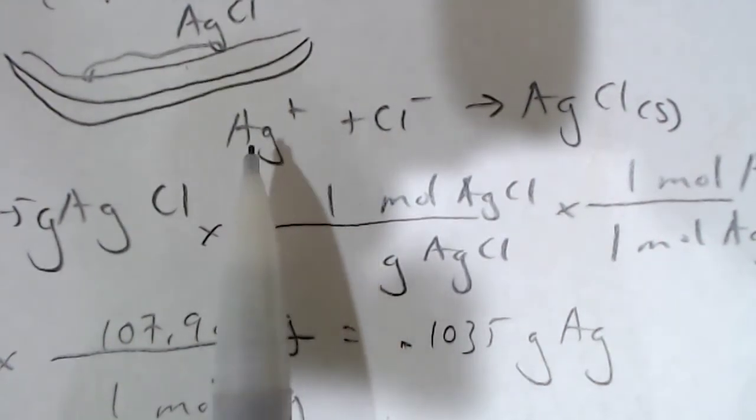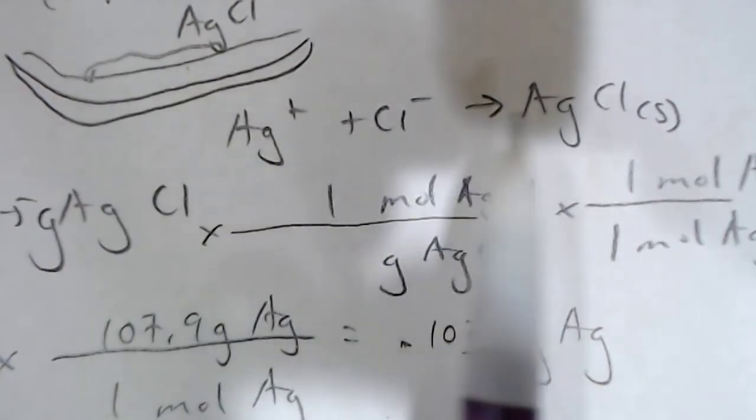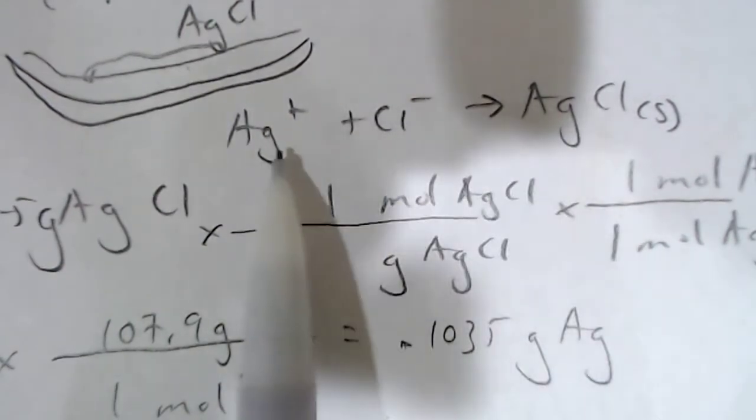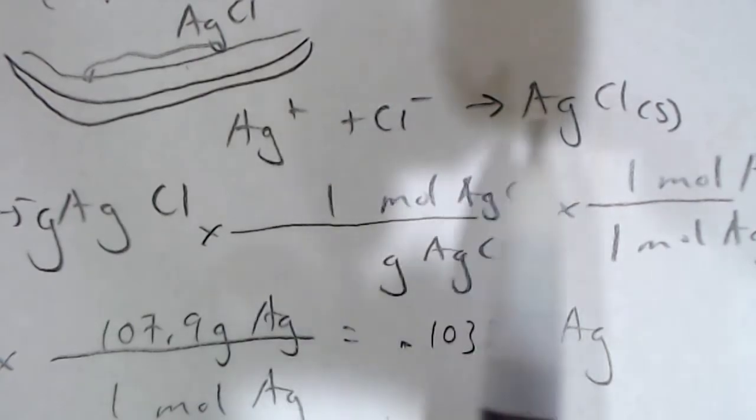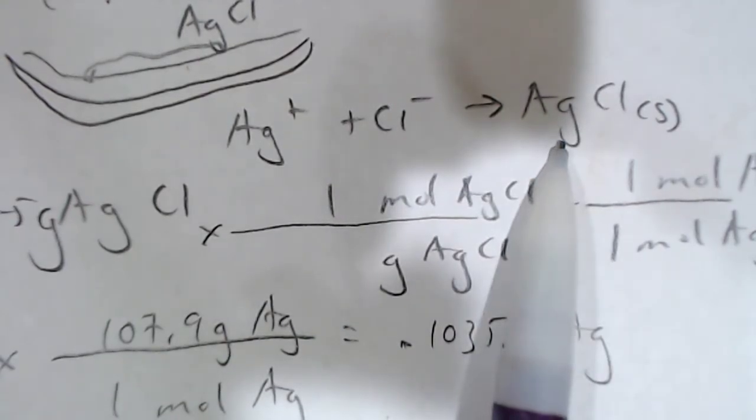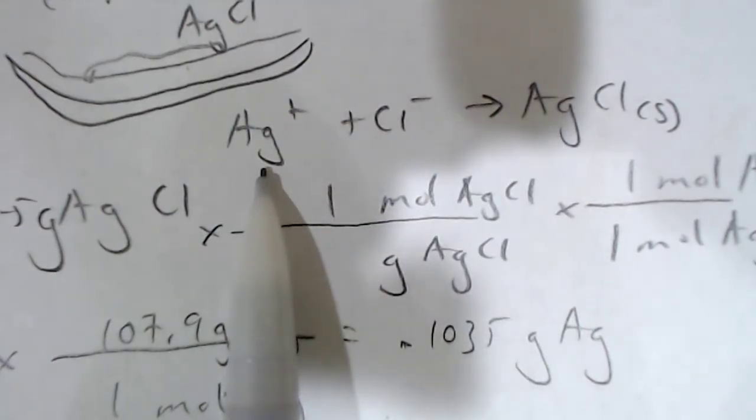So that's the other ion involved. And so you can see that there's a 1-to-1 ratio between the silver chloride and silver ions. If you know how much silver chloride formed, then in moles, you can know the number of moles of silver ions that had been present, and hence how many moles of silver atoms had been present in the coin, and hence the grams of it.